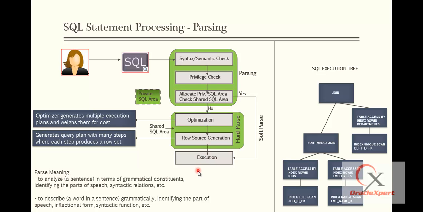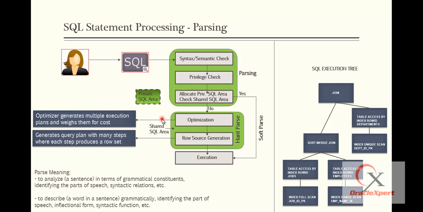So SQL processing consists of many different stages. Broadly speaking, it includes parsing, optimization as indicated here, row source generation, followed by execution. Some of you might object, asking why I didn't show the fetch stage.